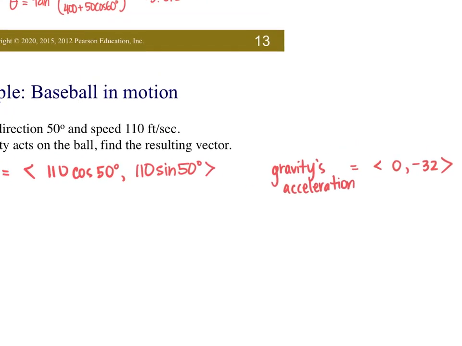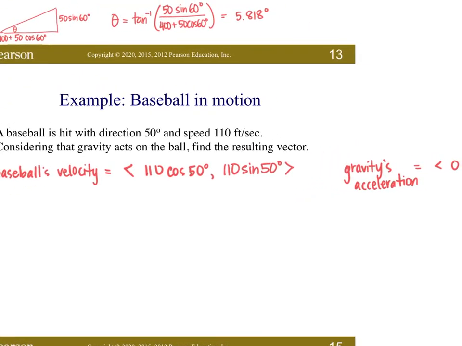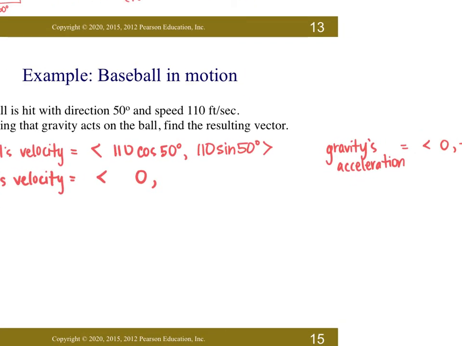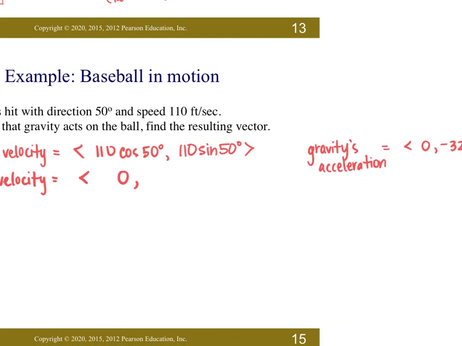All right, so now we need gravity's velocity. And so we're going to use antiderivatives. We've got 0 for the x component, but the y component would then be negative 32t.